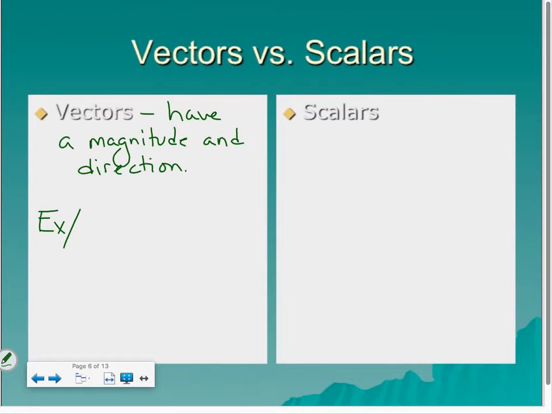All right, scalars, on the other hand, are just scalars. You're like, yeah, but what is a scalar? Take a guess. It's not going to have a magnitude and direction. What will it have? You don't know?